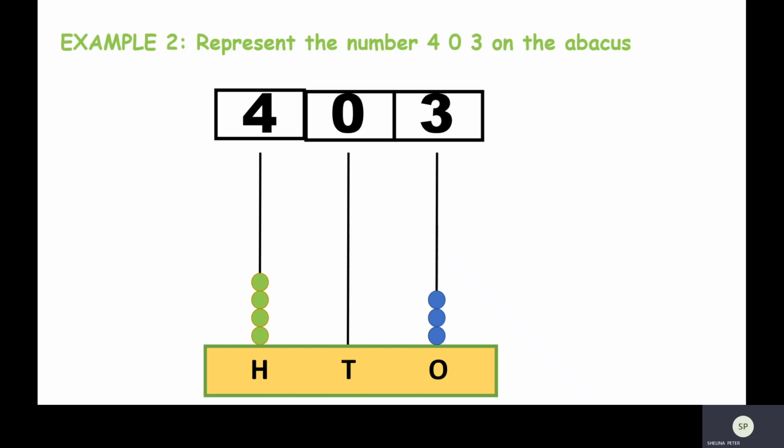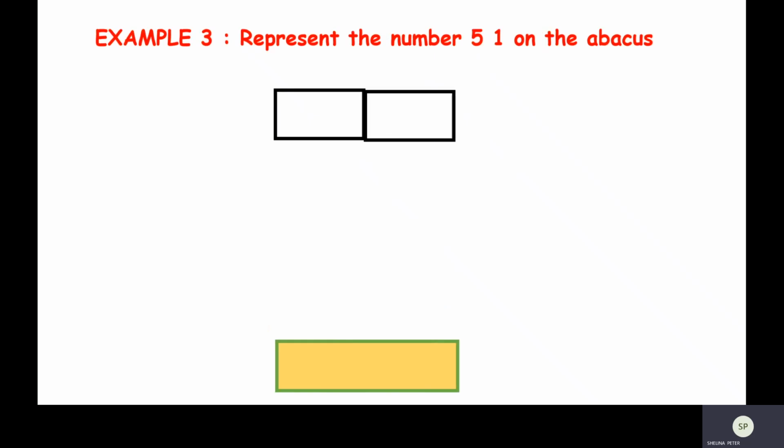Are you ready for the next example? Let's go to the next example. Represent the number 51 on the abacus. Now, what is the first rule? The first rule is, look at the number of digits. How many digits are there? Absolutely correct. Well done.